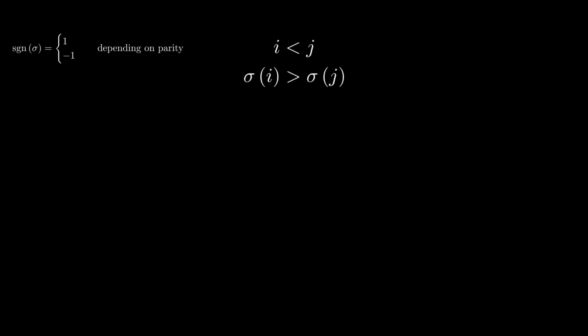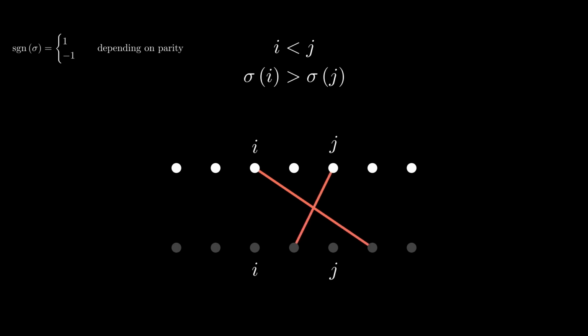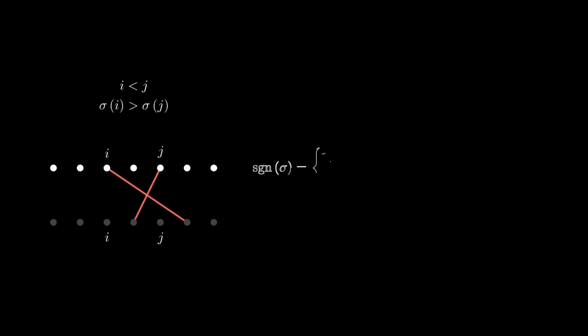What inversion means in this context is that for i less than j, i gets mapped to something larger than j. So it just means a reordering of two numbers relative to each other. Concretely, if we were to draw the permutation by connecting each number to its image, the number of inversions corresponds to the number of crossings. If it's even, the sign is 1, and otherwise -1.